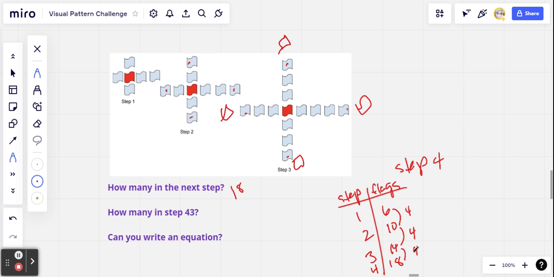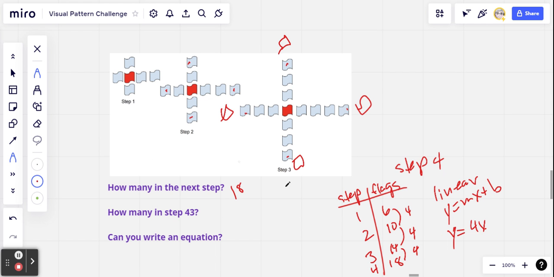When you get a constant in that first set of differences, you know you've got a linear pattern. So we can use the equation for a line, y equals mx plus b, to model that. And the m, which is the slope of the line, is going to be this rate of change, the change between each step, that constant that you came up with in the differences. So we can start this equation by saying y equals 4x, and then this plus b, well, we can determine that by trying this out.